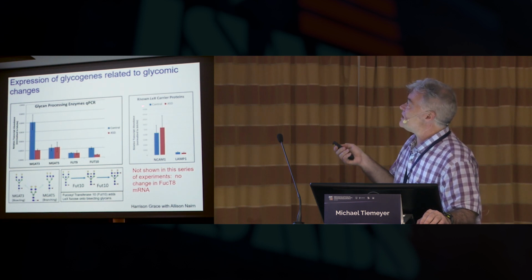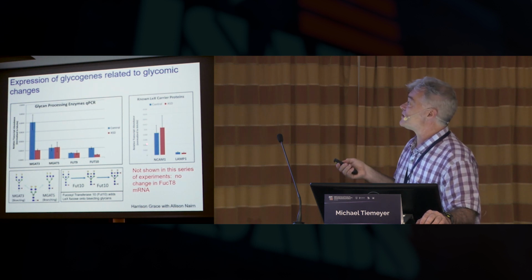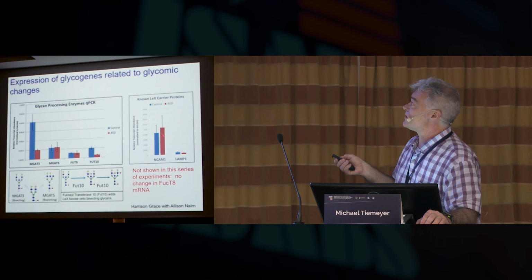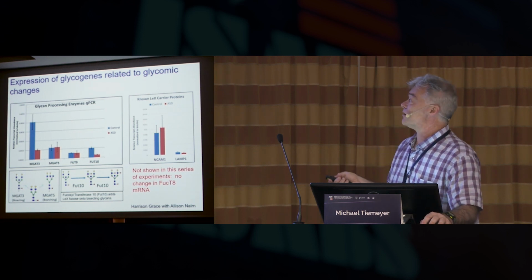And we were concerned that maybe this was just a decrease in the abundance of Lewis X carrier proteins that have been characterized previously, but at least for two of these that we looked at, NCAM1 and LAMP1, that are known to carry Lewis epitopes, their transcript level was not changed noticeably.